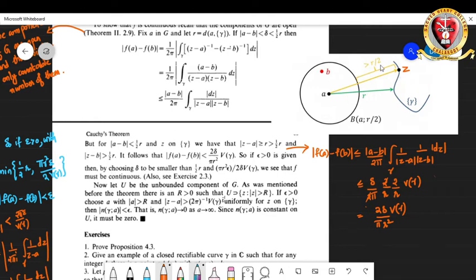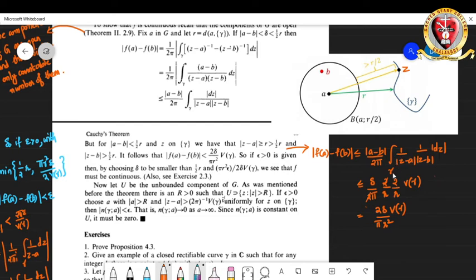You can understand that from the figure. So you can substitute all those here. This means 1 by modulus of z minus a will be less than 2 by r, and 1 by modulus of z minus b will be less than 2 by r. You can substitute that here, and modulus of a minus b is strictly less than delta.